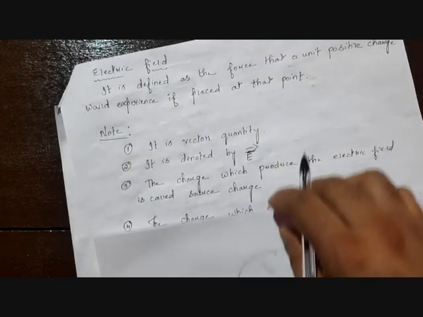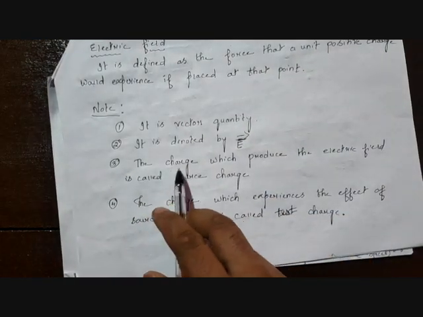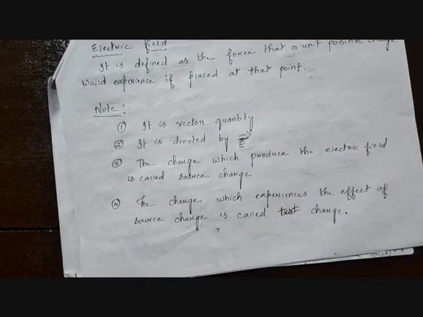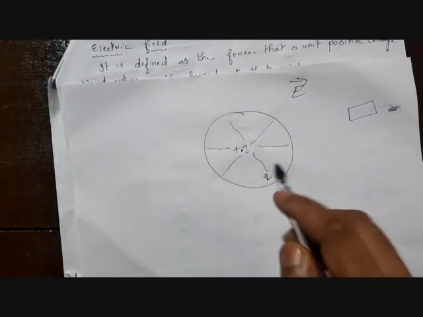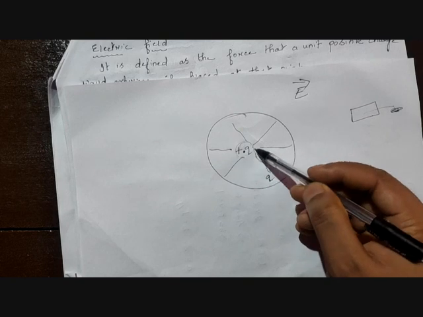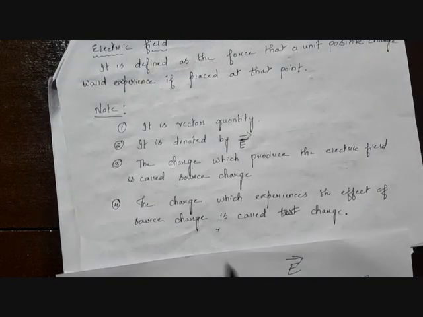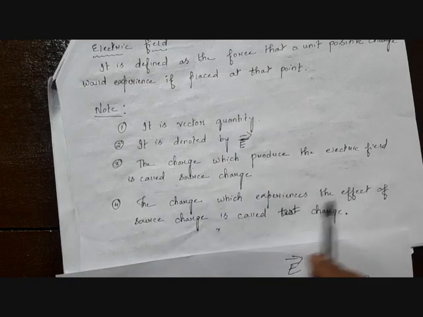Now, the third and fourth points are very important. The charge which produces the electric field is called the source charge. Look here, which charge is producing the electric field? This charge is producing the electric field, right? So this will be your source charge. The charge which experiences the effect of the source charge is called the test charge.